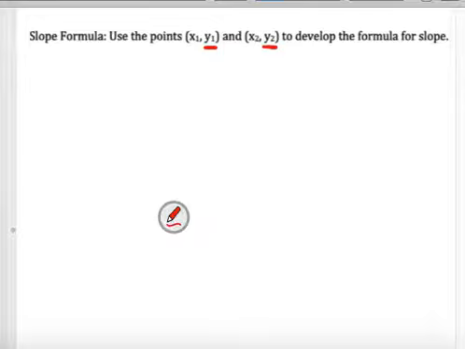If I was going to subtract, I'm going to go ahead and write y sub 2 minus y sub 1 just because 2 is bigger than 1, but you could write these in any order. But if I'm finding the change, I would need to subtract, just like we did with our context problems.